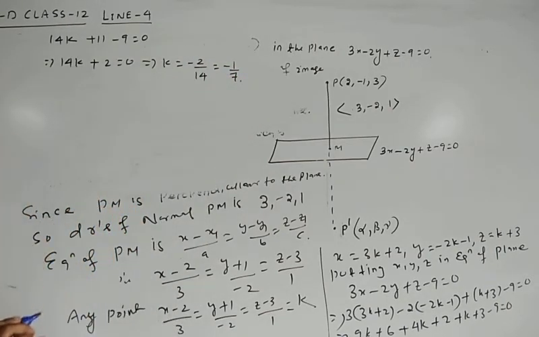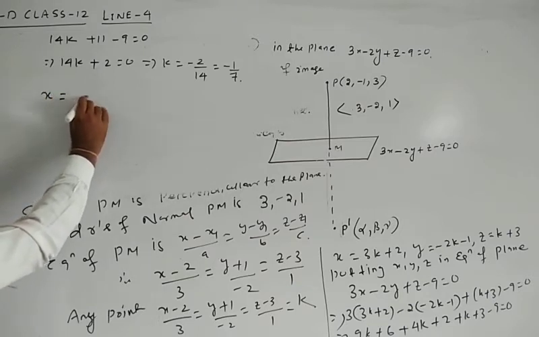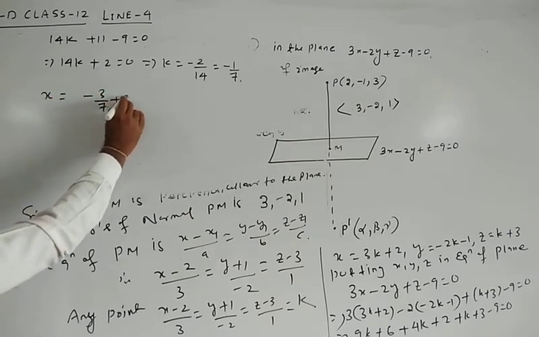So k equal to minus 1 by 7 means x is equal to 3k plus 2. So this is equal to minus 3 by 7 plus 2, which is 14 minus 3, so 11 by 7.